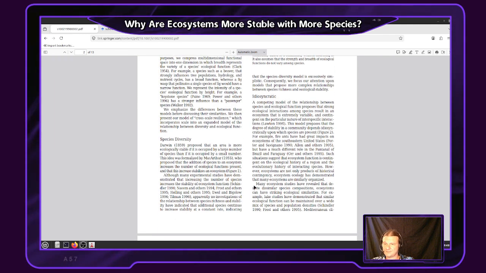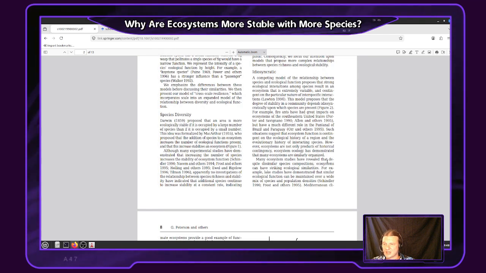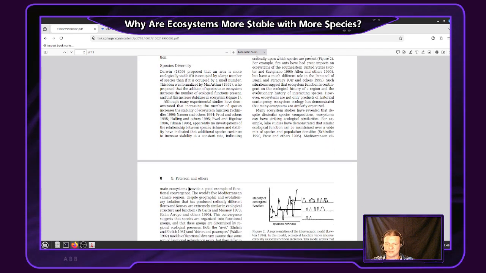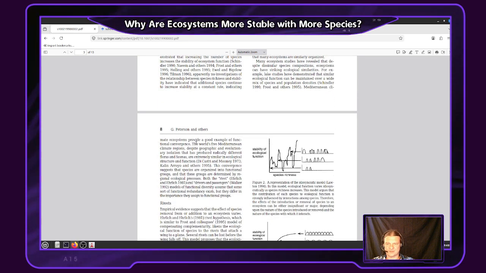Let's see. Many ecosystem studies have revealed that despite dissimilar species compositions, ecosystems can have striking ecological similarities. So that suggests that it isn't as much to do with the particular species that are present, but more to do with the type of ecosystem we're looking at.